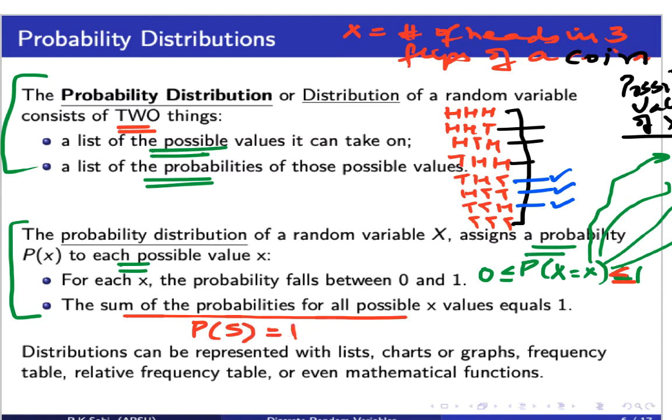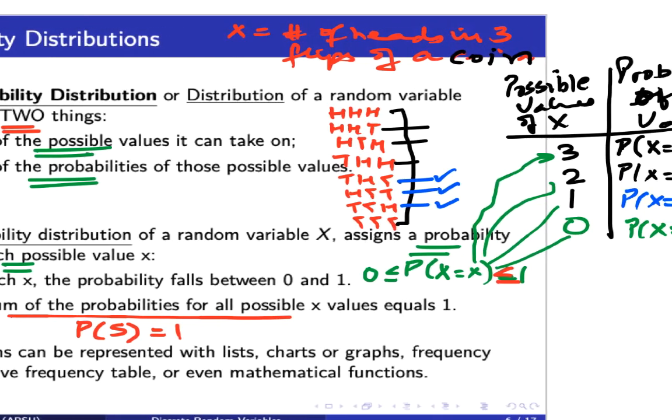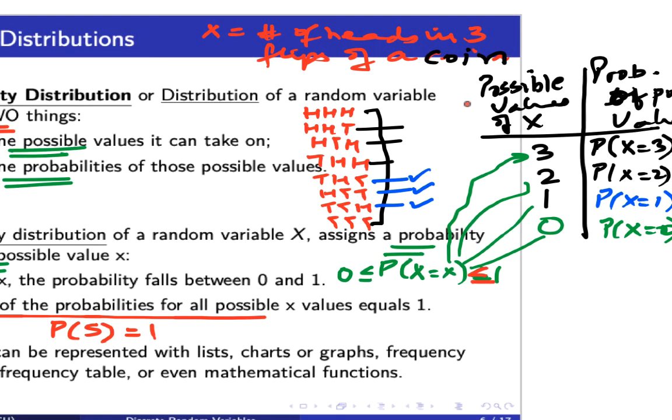Now, when we come back to this experiment here, let's look at this one. These possible values of x, that random variable 3, 2, 1 and 0, each one of them is basically related to one of the outcomes in the sample space. So basically these 4 possible values are taking control of every possible outcome in the sample space.